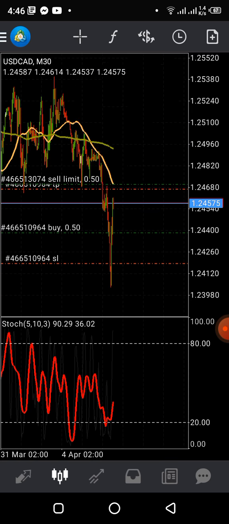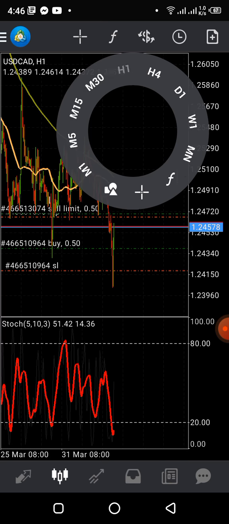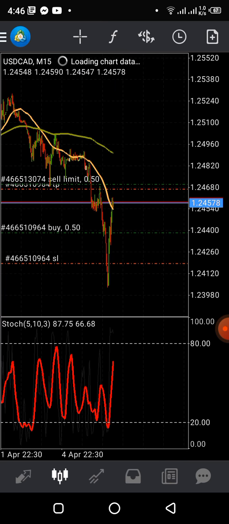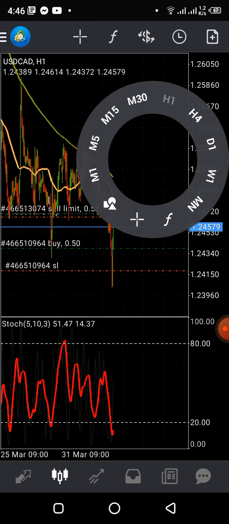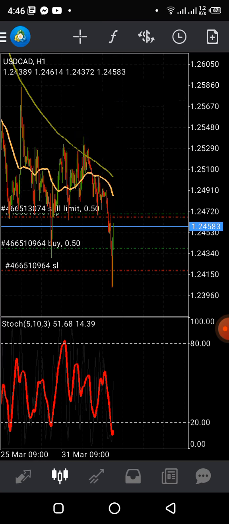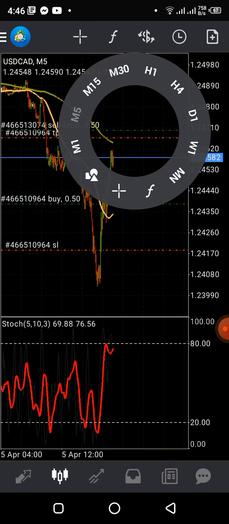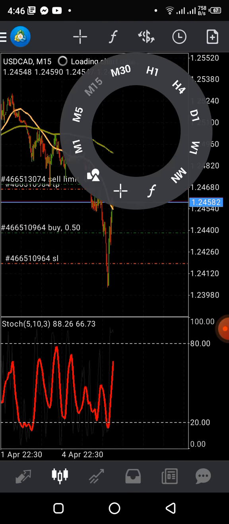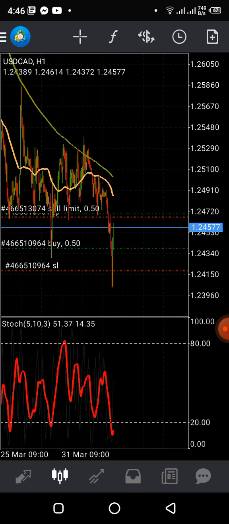And let me look at 1 hour. So 1 hour and 15 minutes will correlate a little bit. The two are close together. They are the closest after the 5 minutes. So I still have to allow it to react.